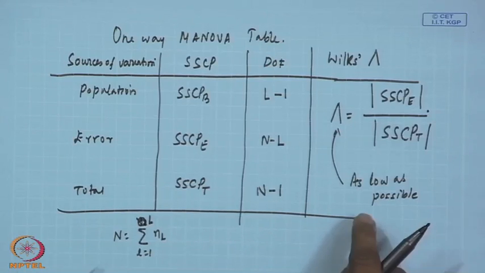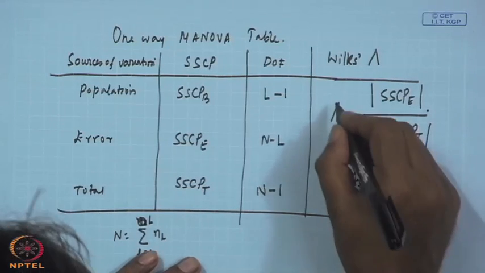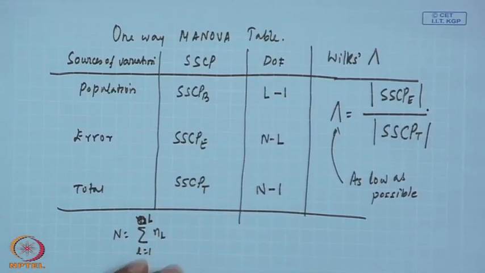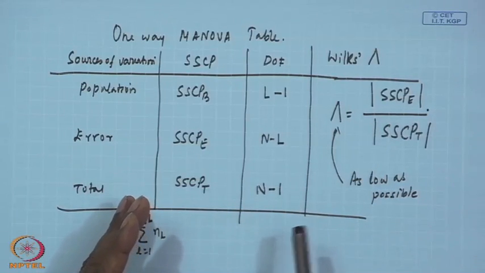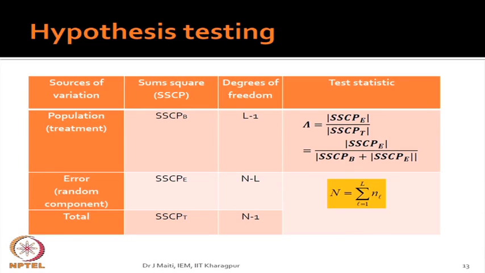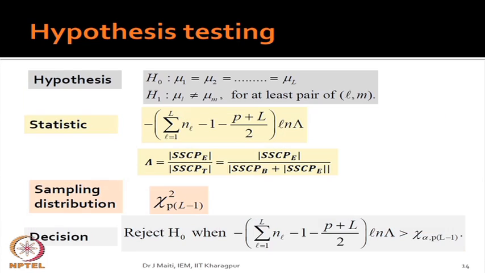There are certain distributions available using Wilks lambda, and if you go through multivariate books you will find different combinations and different sampling distributions. We will show you a general one in this class.